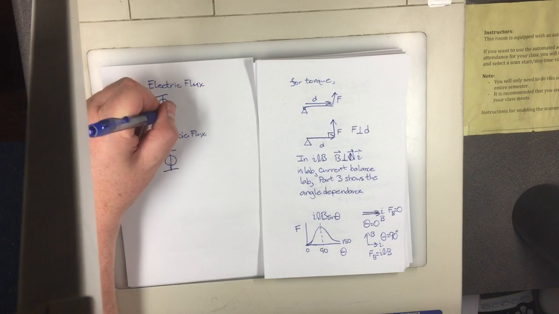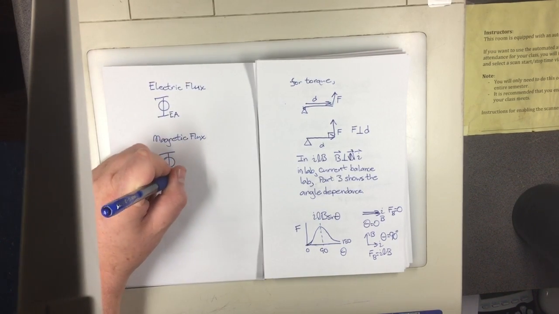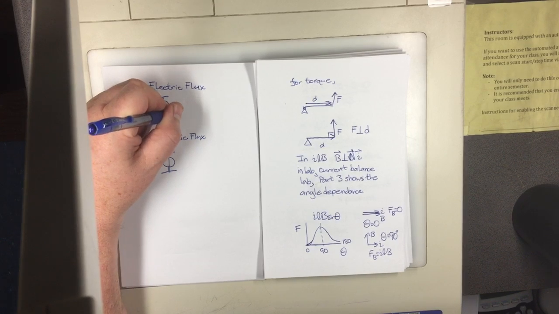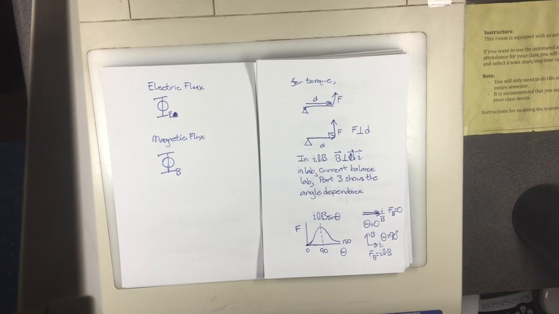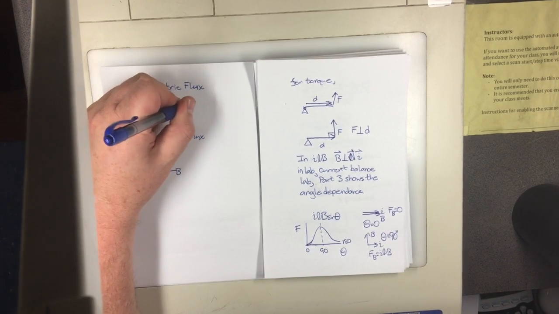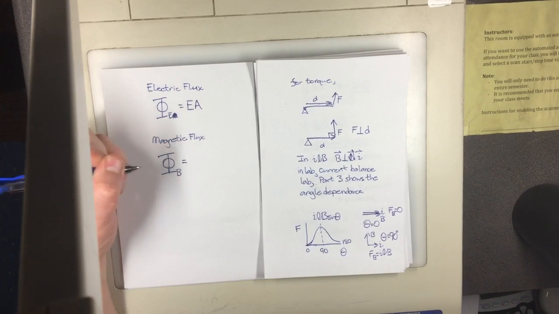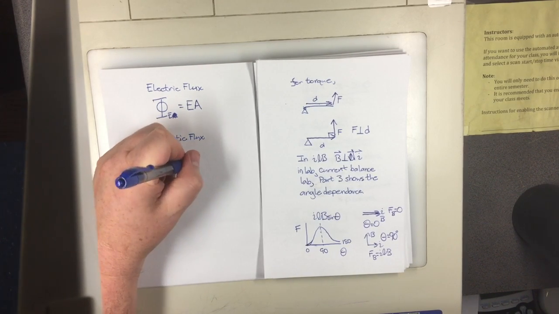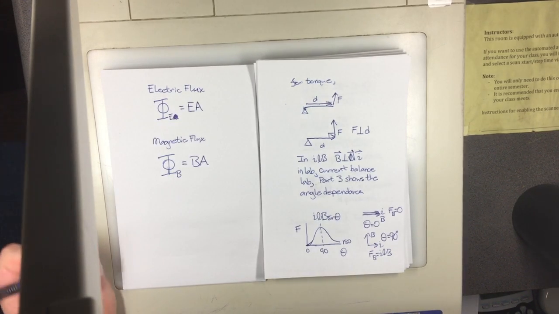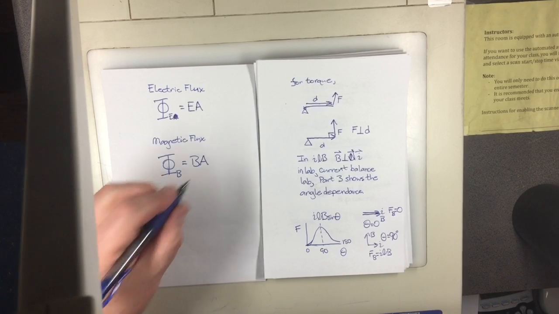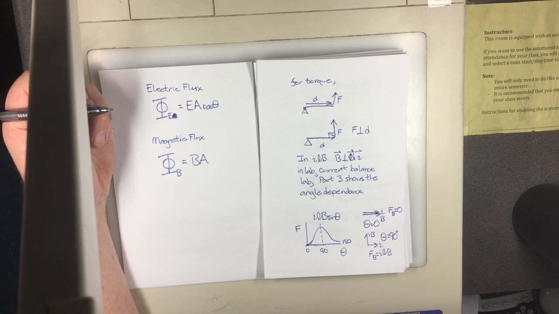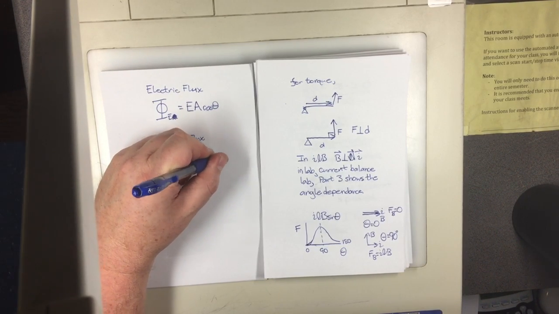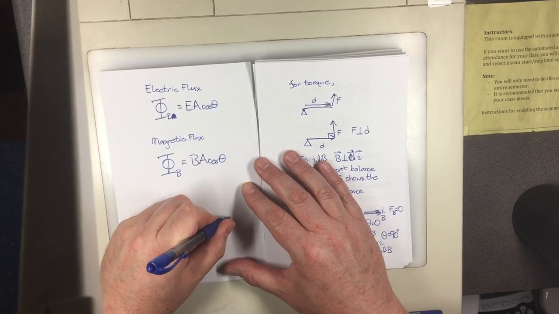For electric flux, Phi sub E, and magnetic flux, Phi sub B. The electric flux, by definition, is E times A, and this is B times A. The way that they have this set up is that it is actually cosine theta for both of these.